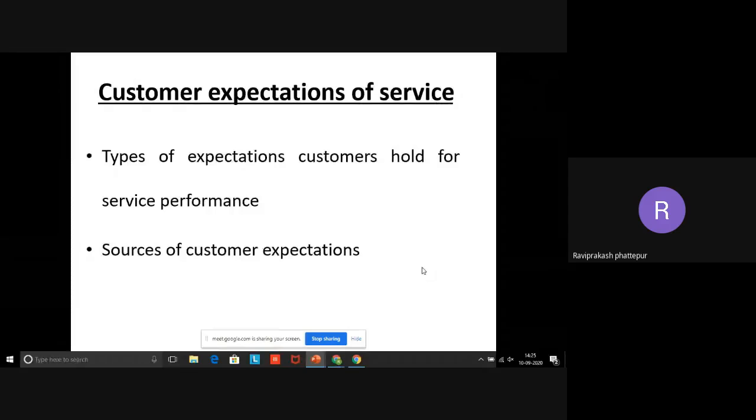For example, if somebody goes to a particular restaurant and comes back and he's talking to you, okay, I had been to that particular restaurant and the food available there is very good. Especially this particular item is very, very good and it is very tasty. So if you go there, you have to taste this particular dish. So you have an expectation now, as a person has told you. So this is one of the sources.